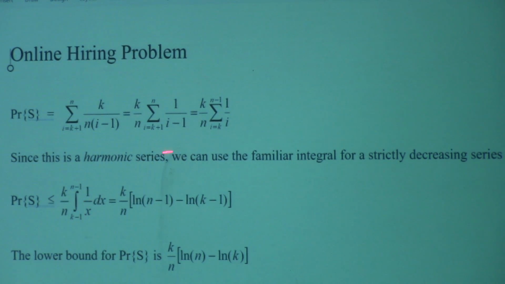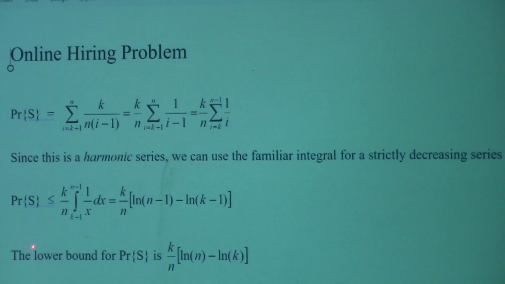Because it's decreasing, we decrease k to k minus 1, keep the upper limit the same, to make the width the same, 1 over x dx. It's going to be k over n, and it's going to be natural log of x evaluated from k minus 1 to n minus 1. So it's going to be natural log of the upper limit minus the natural log of the lower limit.